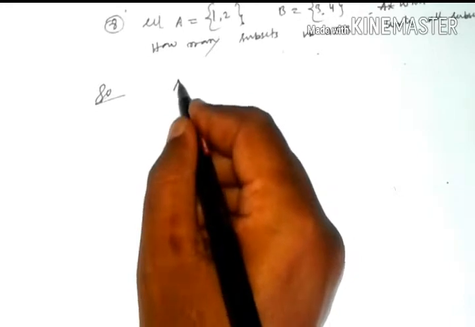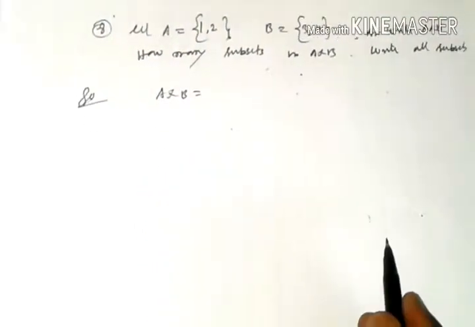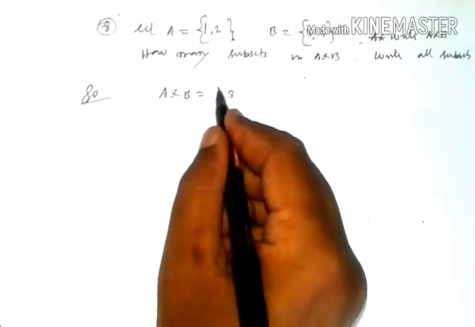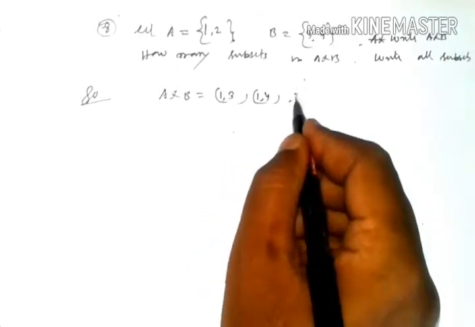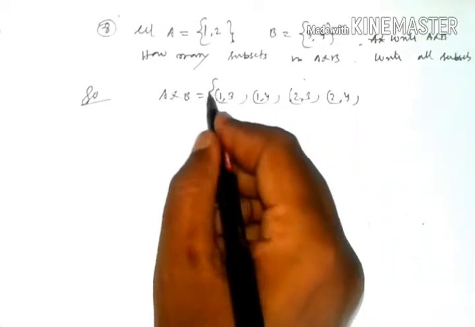Solution: A cartesian product B here will be (1, 3), (1, 4), (2, 3), (2, 4).